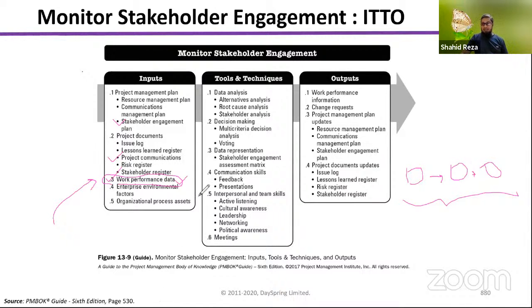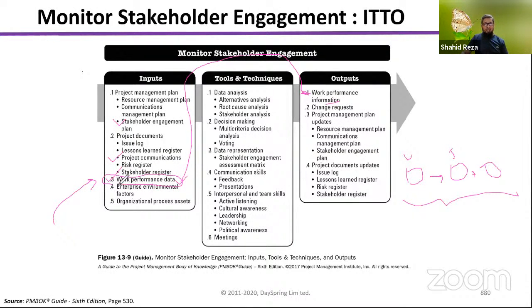All right, one thing you have to keep in your mind: when you see work performance data as input, you will always see work performance information in the output. That is second. Can you remember work performance data, then information, right?